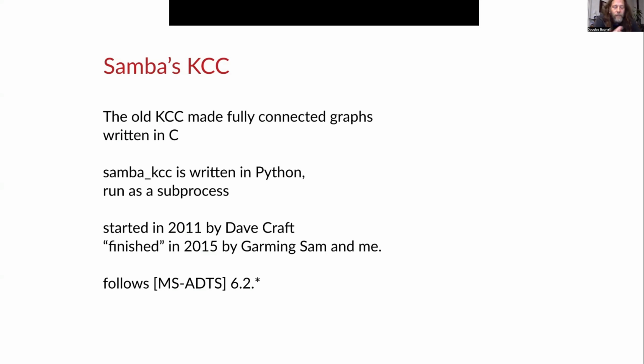The idea was that it would run in Python as a subprocess of the server process that was doing the KCC, whereas the old one, I think, ran in the server process itself. Running as a subprocess is quite a nice idea, because it can read from the database, change things and write them back. And then it can leak as much as it likes. It can be as slow as Python. It doesn't hold anything up.